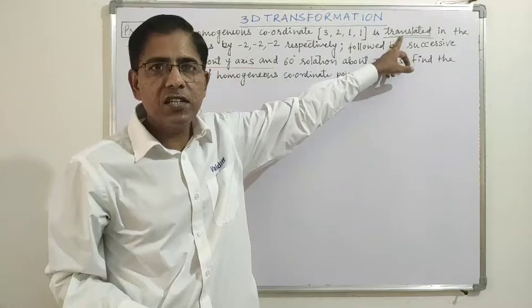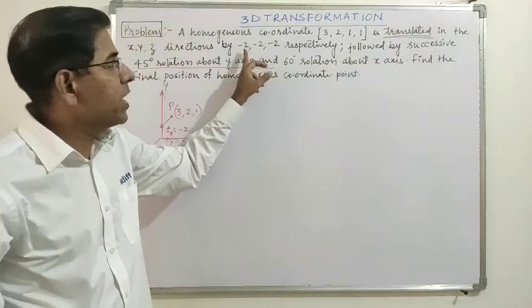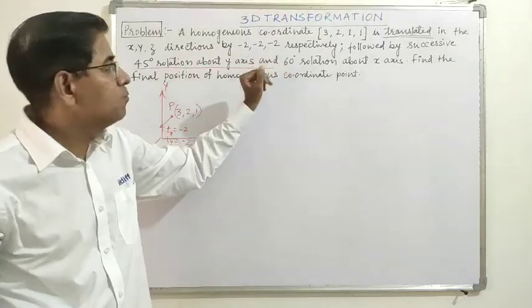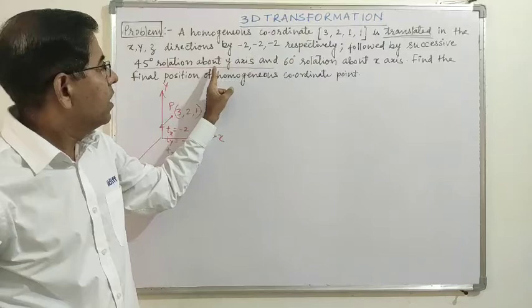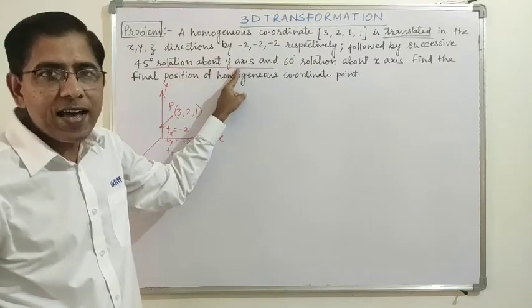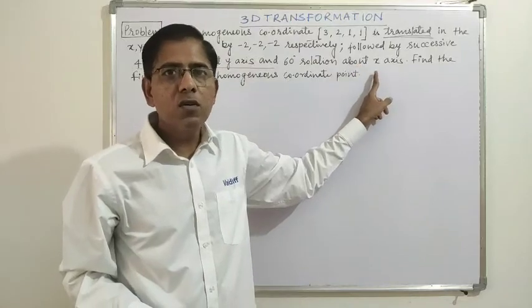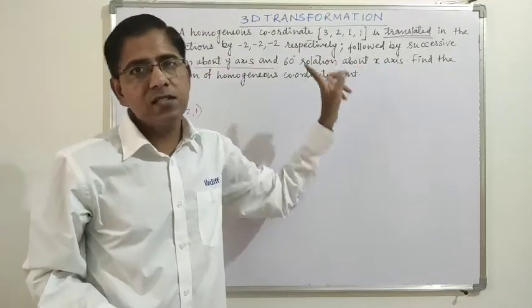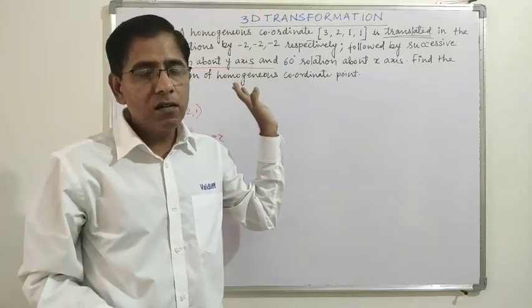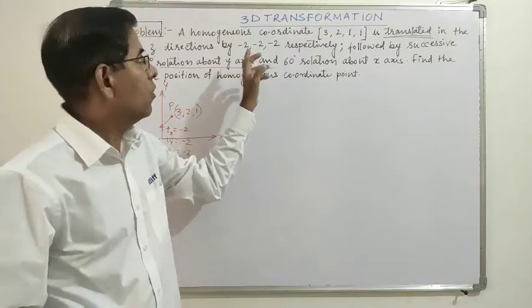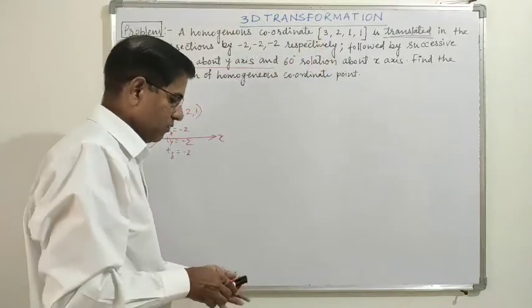First is translation, the point is translated by -2, -2, -2 along x, y and z direction. Then it is rotated about y-axis by 45 degree, and then it is rotated about x-axis by 60 degree, and we have to find out the coordinate of the final location of this point.